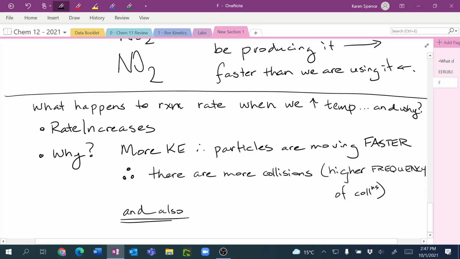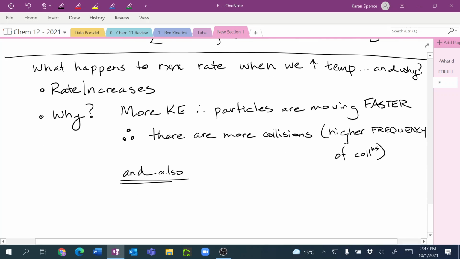Tell your partner, what else? There is a higher what? Higher percentage of collisions which will be successful, with sufficient energy to be successful.